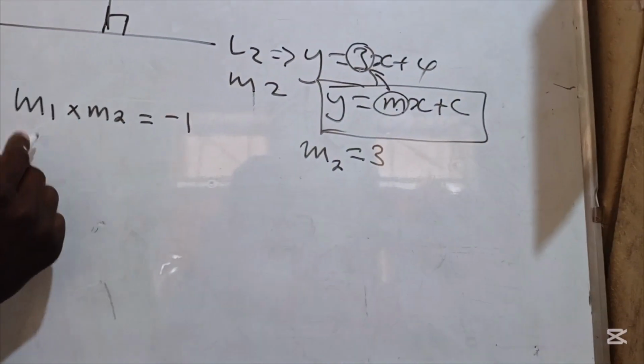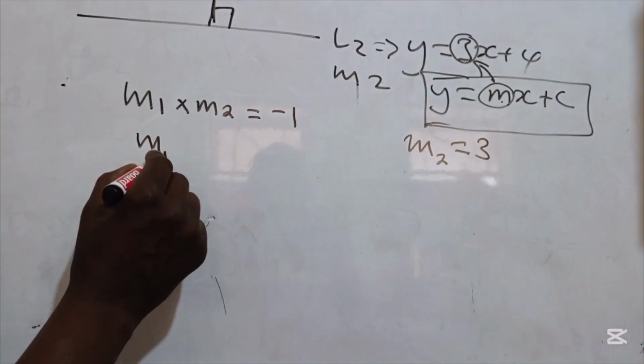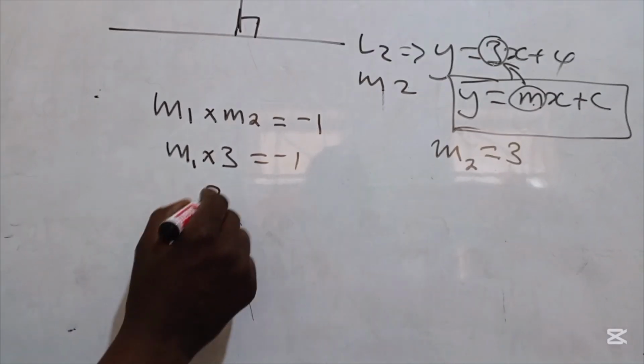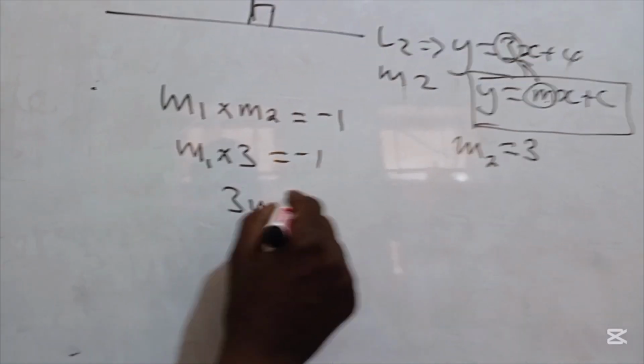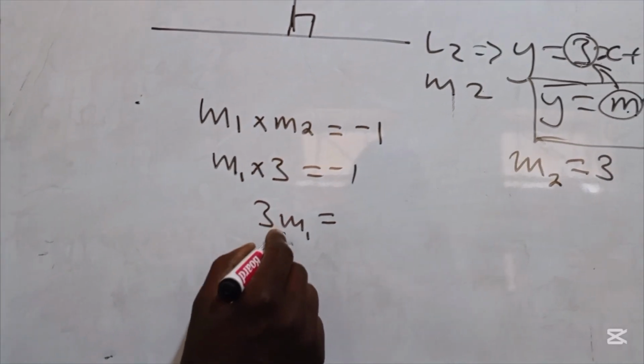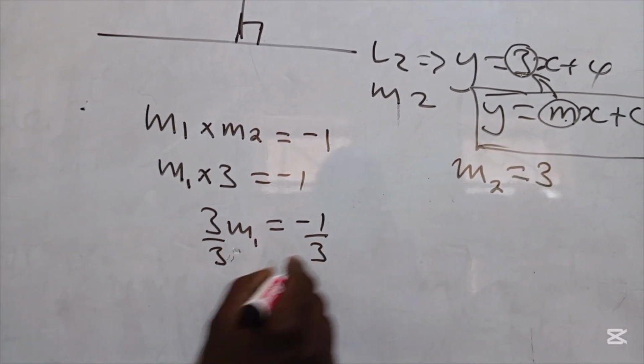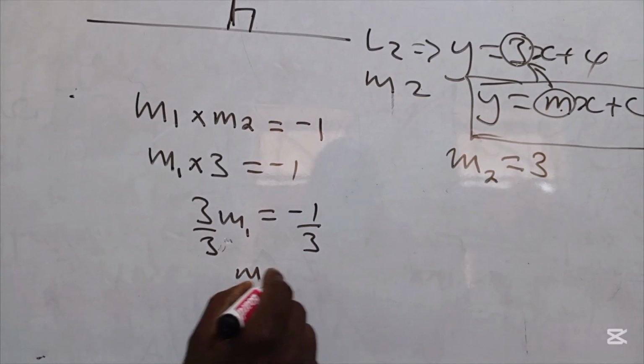Therefore M1, which I don't know, multiplied by 3 equals -1, so 3M1 = -1. Divide both sides by 3, and therefore I have got this.